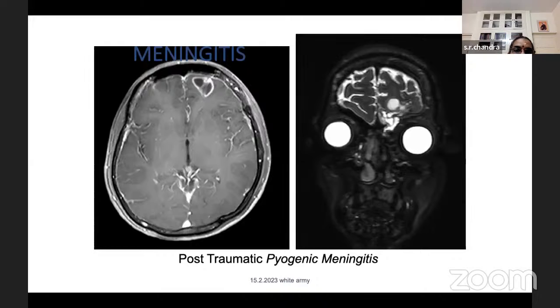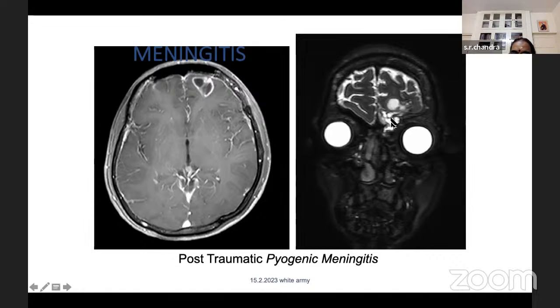So this is post-traumatic meningitis, where the person has a break in the ethmoid bone. So infection has gone inside and it has formed an abscess also. Usually there is a defect, and you can see CSF rhinorrhea, CSF getting into the nose, and the infection goes to the frontal lobe through the nose.